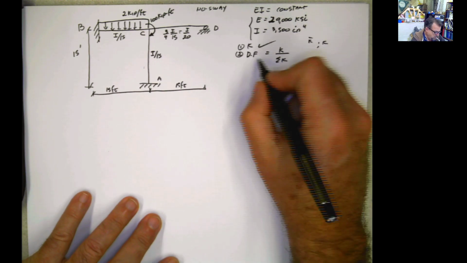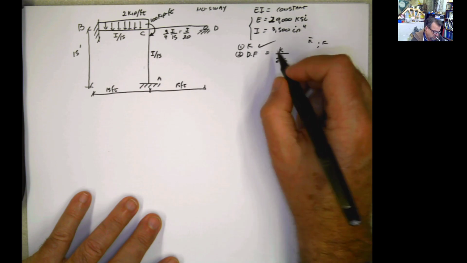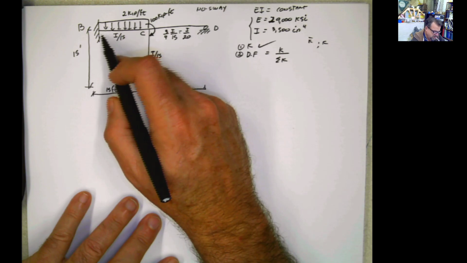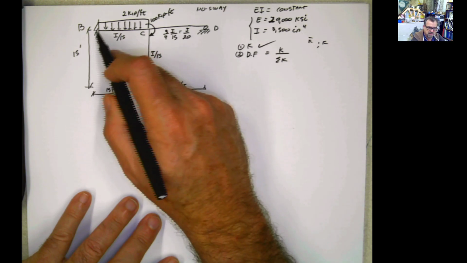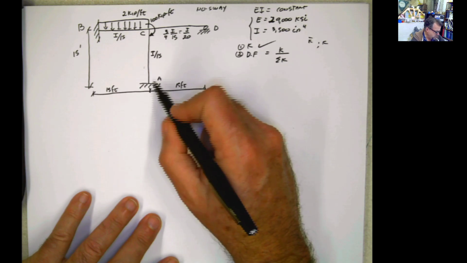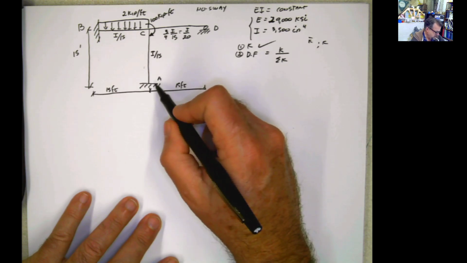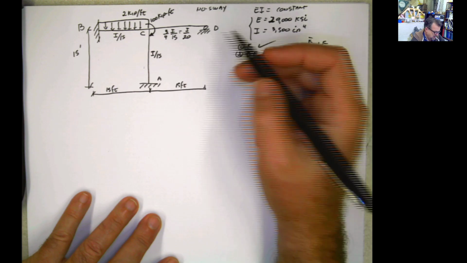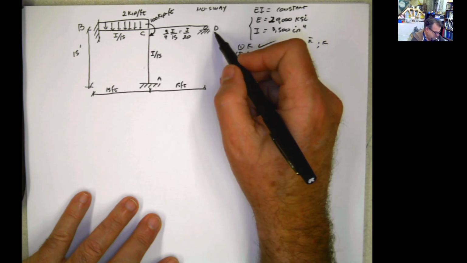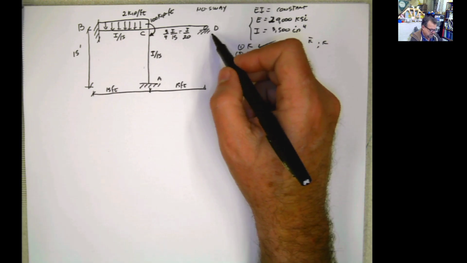The distribution factor for B is going to be 0, given that this is a fixed support. The distribution factor for A is also 0. And the distribution factor for D is going to be 1, given that this is a pin.